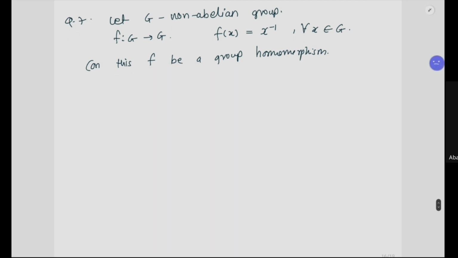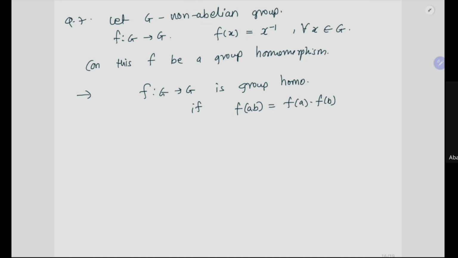You know what a group homomorphism is, right? f from G to G is a group homomorphism if f of AB is equal to f of A, f of B.